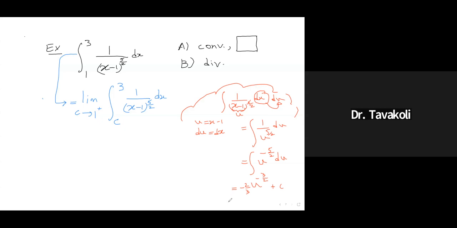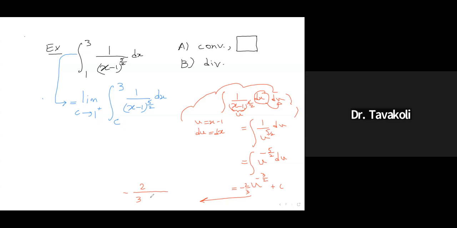So if I go back to the original variable here, minus 2/3, u to minus 3 halves when moved to the denominator to avoid negative exponents is u to positive 3 halves.